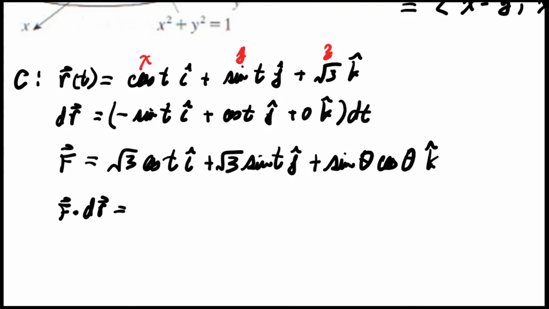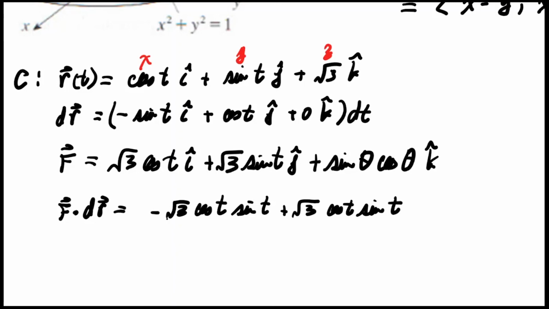And hopefully this will simplify. So here we have negative root 3 cosine t sine t, and sine t. And here we have plus root 3 cosine t, cosine t, sine t. Wait, these two cancel. Great.